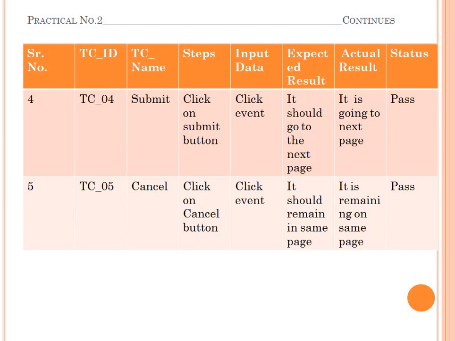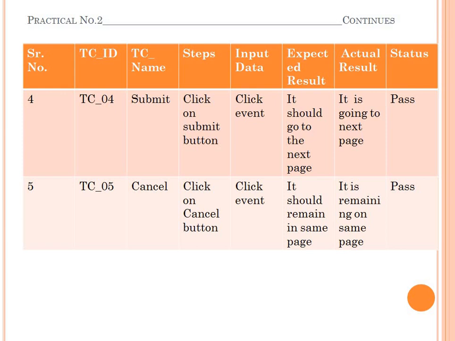Quality assurance is a separate process, and quality control is part of the software development life cycle. Verification is an example of quality assurance, and validation is an example of quality control. Quality assurance means we assure the quality before we submit the product to end users. Quality control means we control the quality of the product.